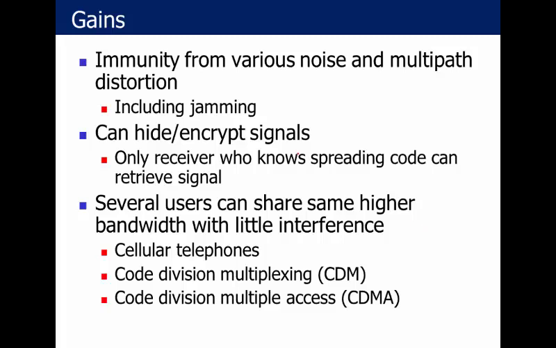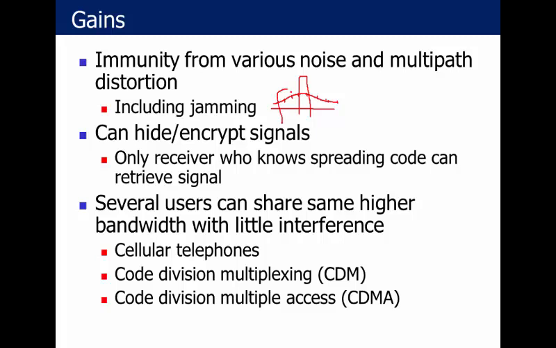Clearly, you can see that if we have, for example, a certain frequency band, and we have data here, but if we spread that out like this, the data appears all over this, right?